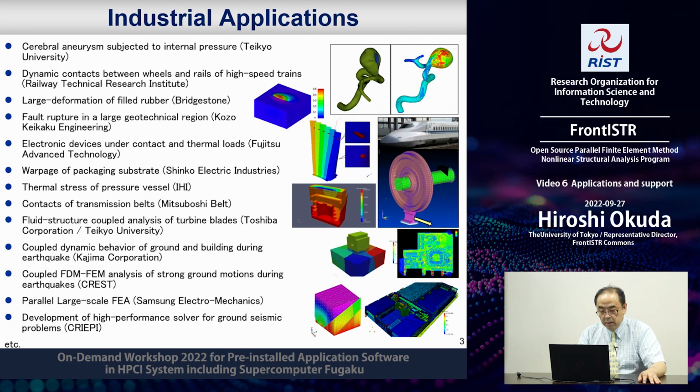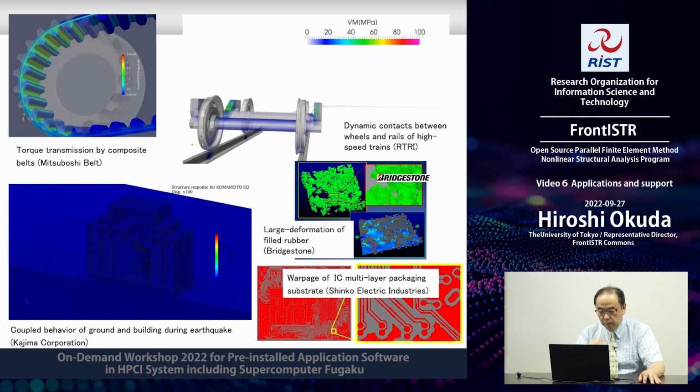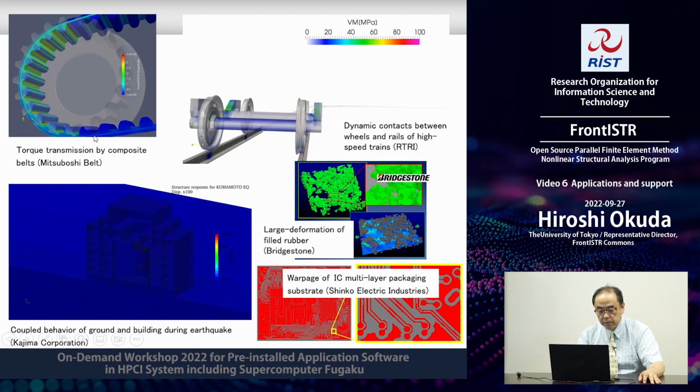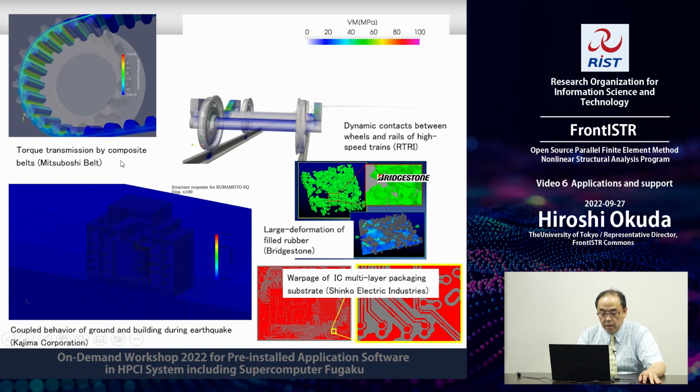Okay, so in the next slide, I'd like to pick up some examples among the industrial applications. The first one is the torque transmission analysis of the rubber belt, of which the material is a quite complicated composite.